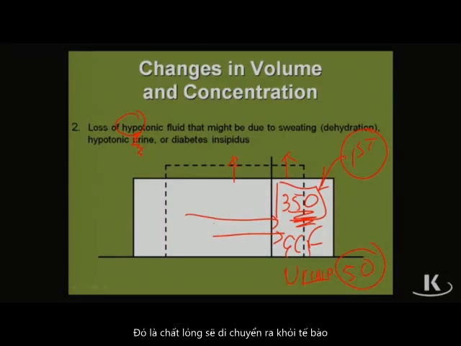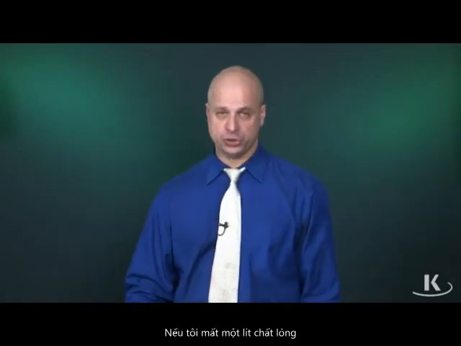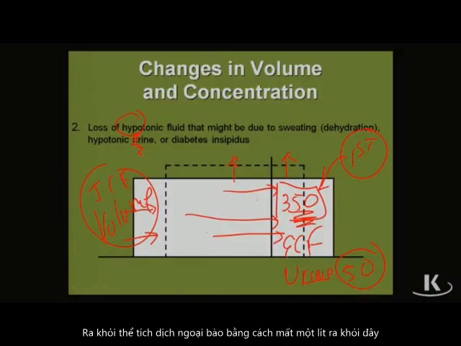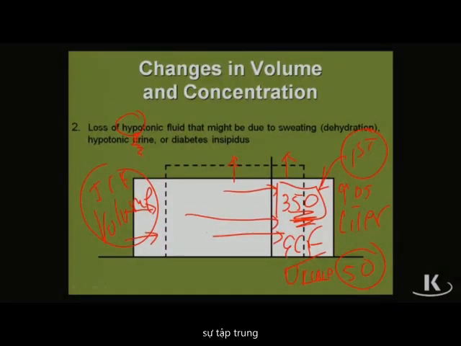That's why this is showing that the intracellular fluid volume is decreasing, because the fluid is going to move to compensate. If I lose a liter out of the extracellular fluid volume of mostly dilute water, the concentration will go up.